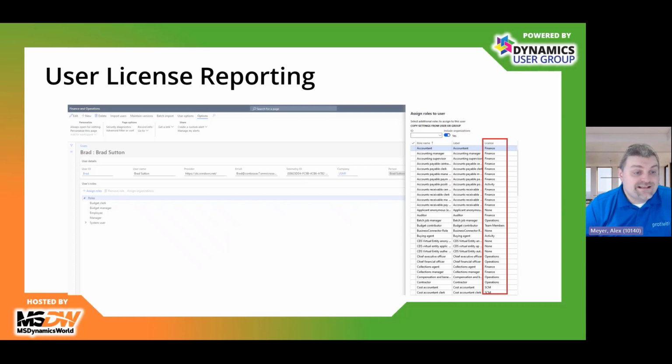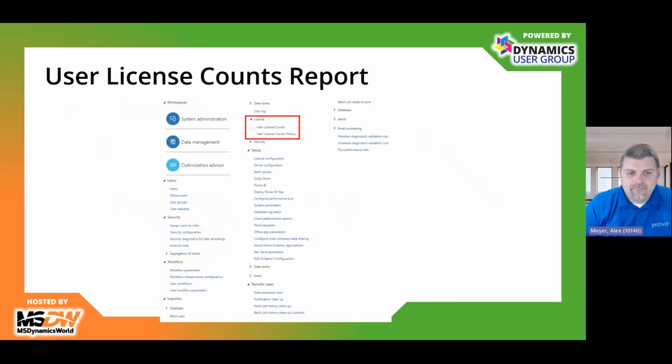You can also, when you're assigning roles to a user, go to the user screen and assign another role to a user. The flyout window that shows up is going to have the license requirement for the particular role that you're assigning, so you know beforehand what that might do to that user from the licensing perspective.